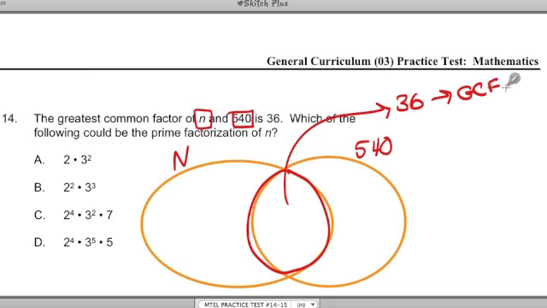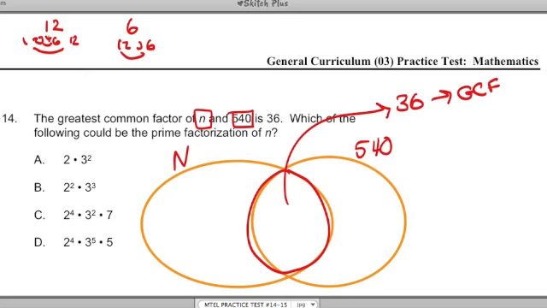What does that mean? Well, if we were to do a nice one, like let's say 12 and 6, and we write out the factors of 12: 1 and 12, 2 and 6, 3 and 4, and 6 would be 1 and 6, 2 and 3, and that'd be it.